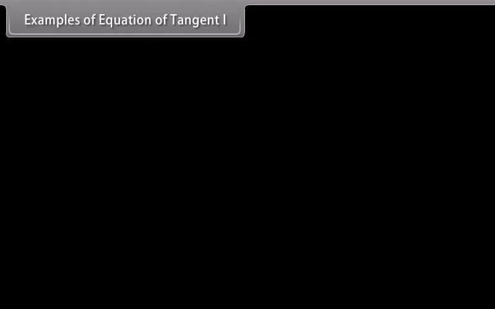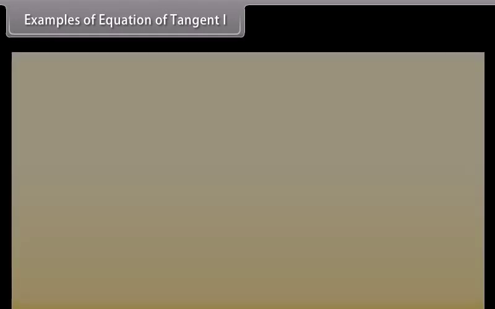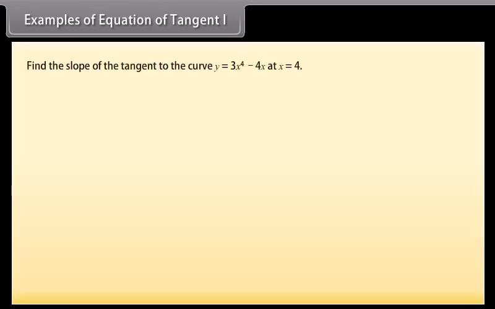Examples of equation of tangent. 1. Find the slope of the tangent to the curve y = 3x^4 minus 4x at x = 4. Solution. The given curve is y = 3x^4 minus 4x.